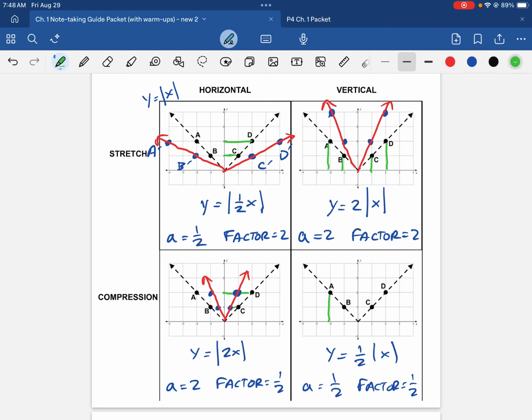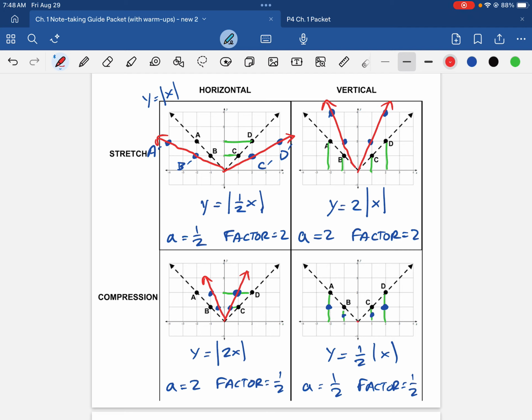Here I'm looking at the vertical distances, but this time I'm taking half of the vertical distances. This one should get wider. So I'm taking half of the heights of those points. I don't know why it always keeps erasing like that. All right.